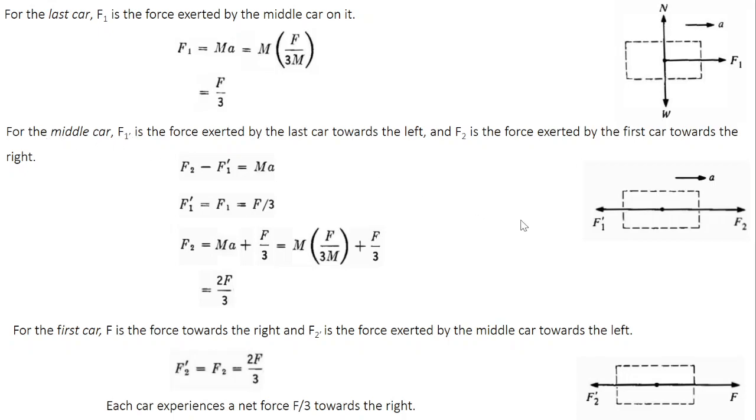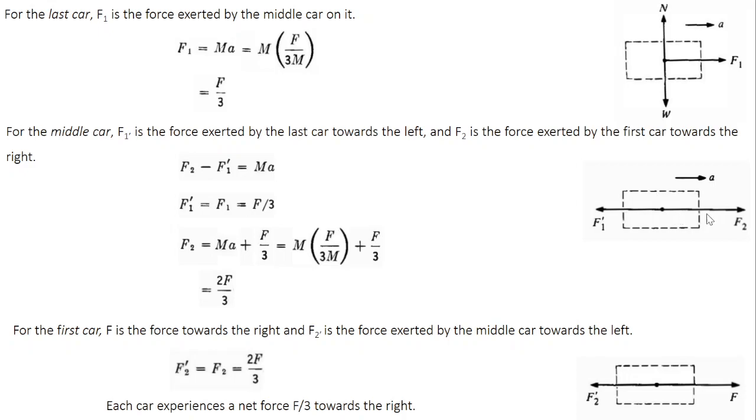What about the middle car? The middle car is pulled towards the right by the first car, call that force F2, and it is pulled towards the left by the last car, and this is F1 prime. And from Newton's third law, I know that F1 equal to F1 prime.